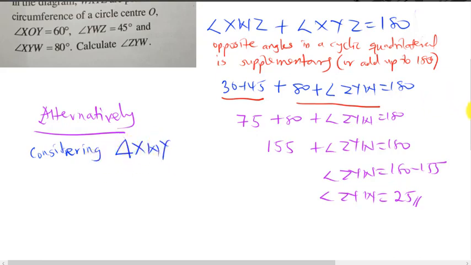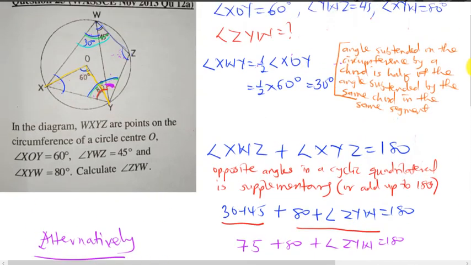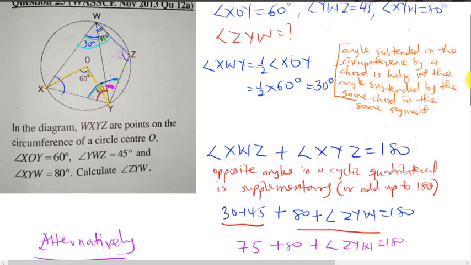So that is what we're going to consider to solve this question. We are going to look at an alternative approach, XWY here. Now the angle at W, and the angle at Y plus the angle at X should add up to 180 degrees. So if that is the case, then I can know this, and if I can know this, then I can know the opposite side, because the opposite angles in a cyclic quadrilateral add up to 180 degrees.